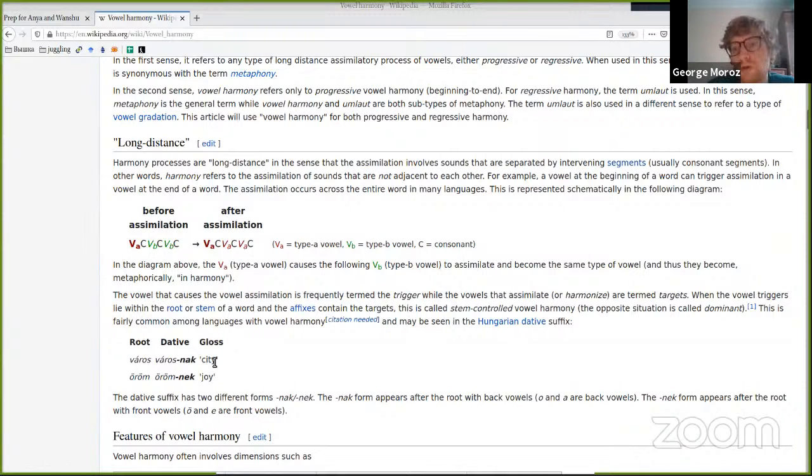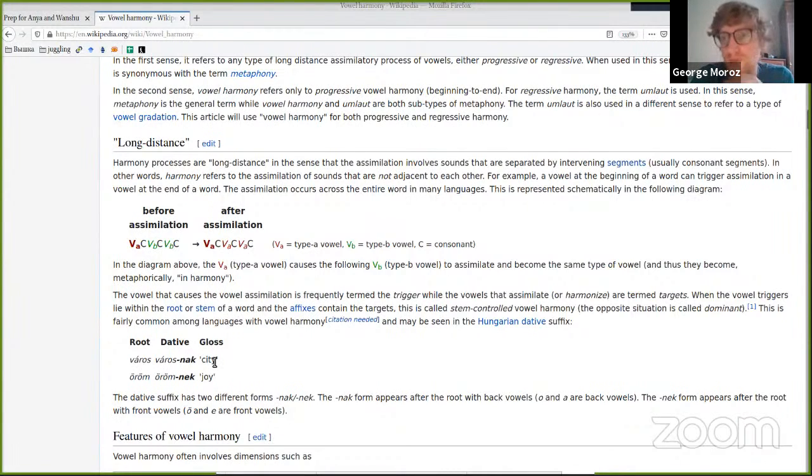It works like assimilation, when some units change a feature due to the features present in some other units nearby. So the easiest way of thinking about this is as assimilation.